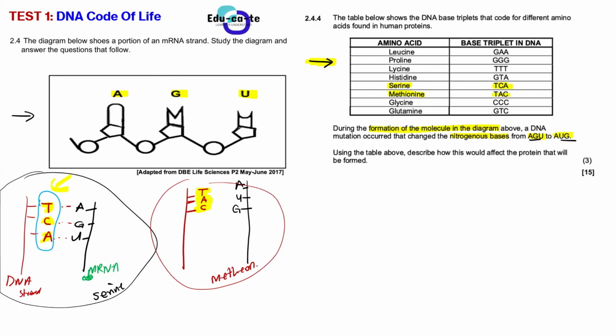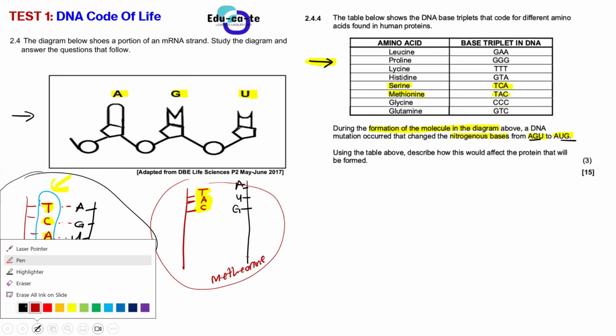So guys, your table with amino acids, they can give you any type of code. They can give you the DNA-based triplet, or the mRNA codon, or the anticodon. You just have to work with what's there. Now, when you explain it using the table above, how will this affect the protein formed?